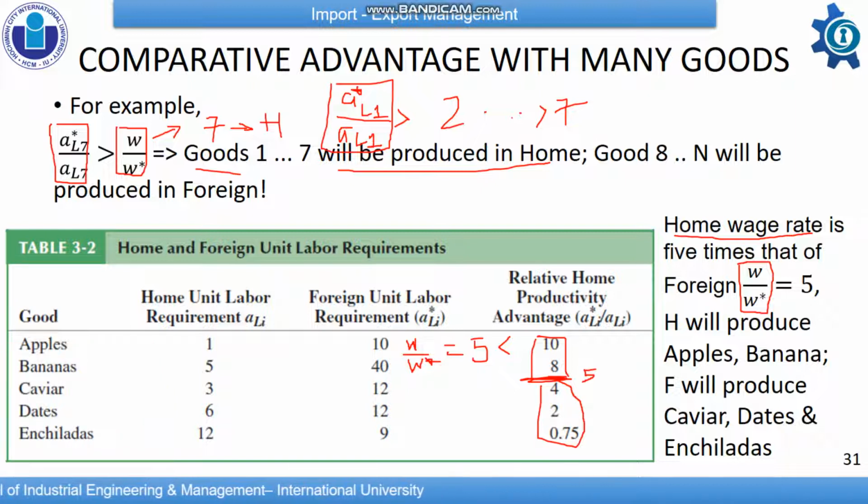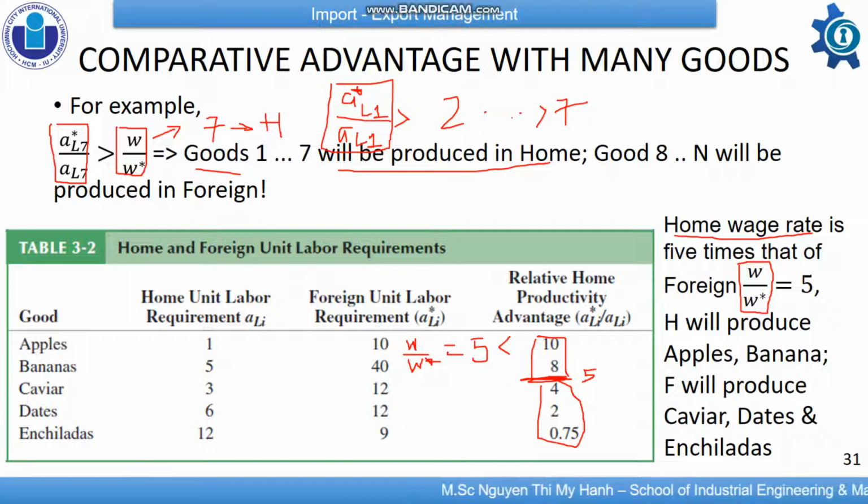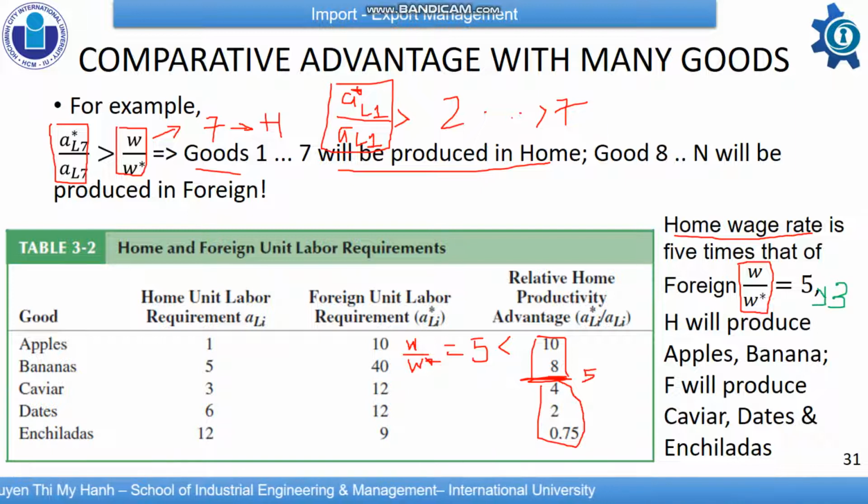How about if the relative wage in home country to foreign country is reduced to 3? Not 5 anymore, but 3.